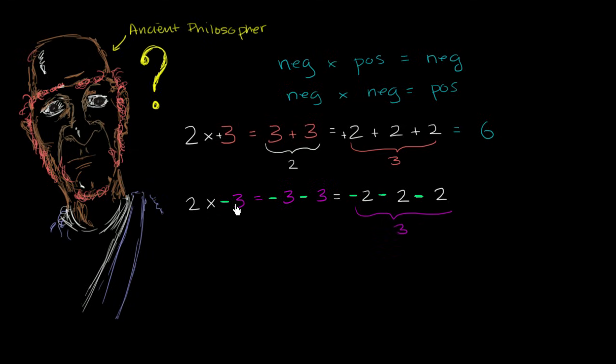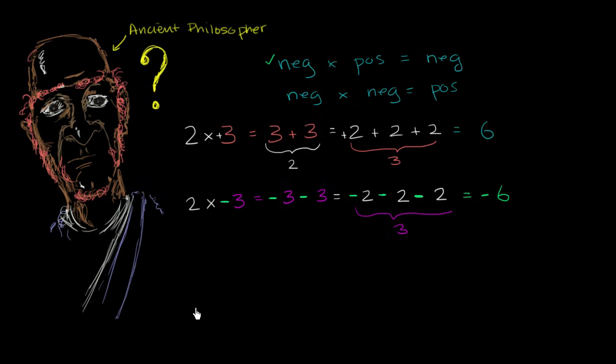So this was a negative 3. Essentially, you are subtracting 2 3 times. And either way you conceptualize it, you are going to get negative 6 as the answer. Now, you're already starting to feel good about this part right over here. Negative times a positive, or a positive times a negative, gives you a negative.